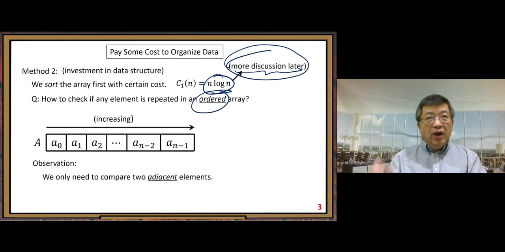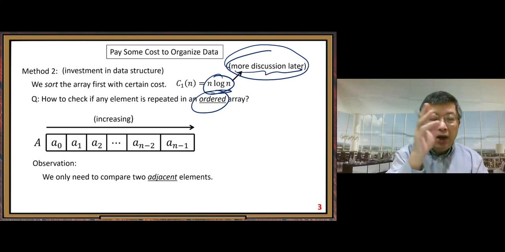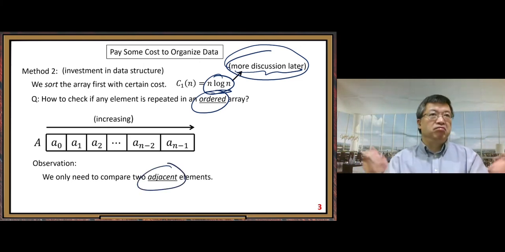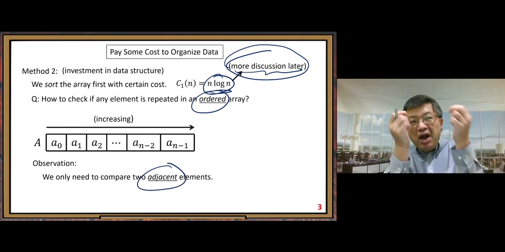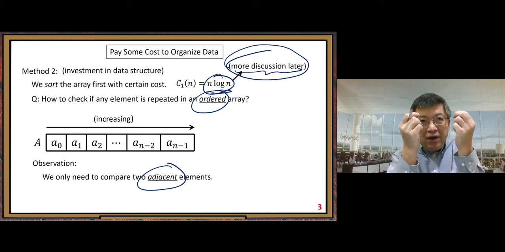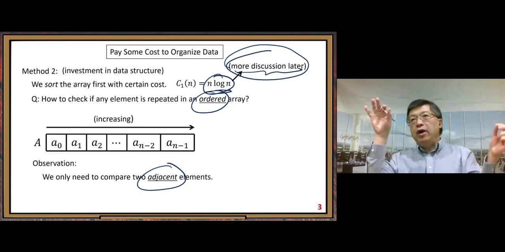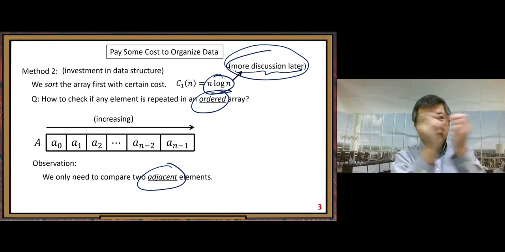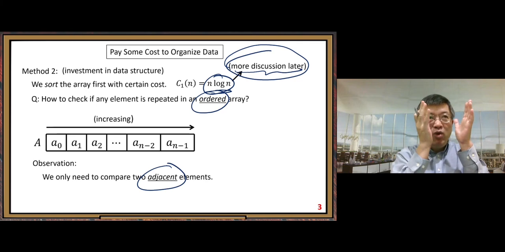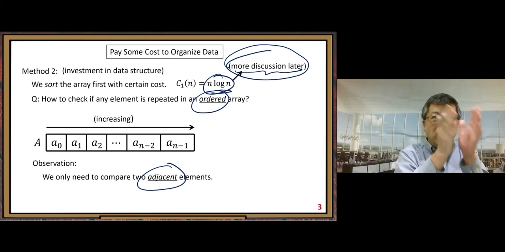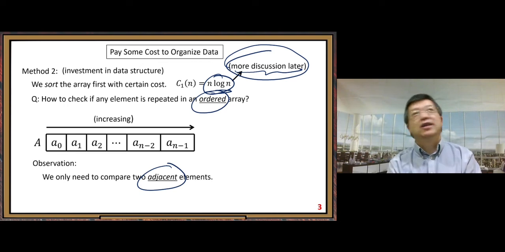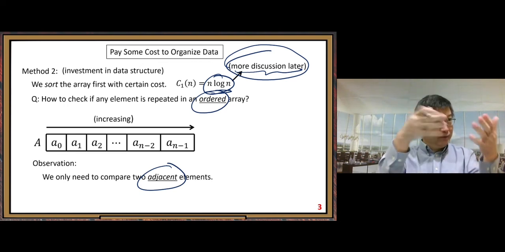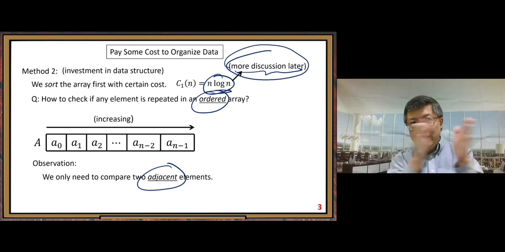When we check uniqueness, we only need to compare two adjacent elements, because if two elements have the same value, after we sort the array, there will be two adjacent elements that have the same value, right?